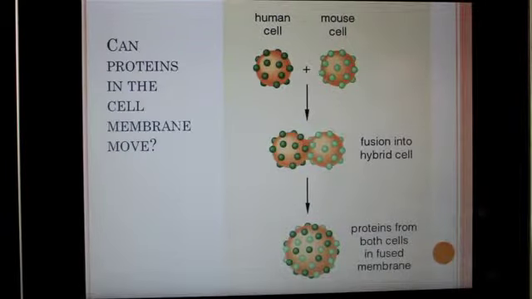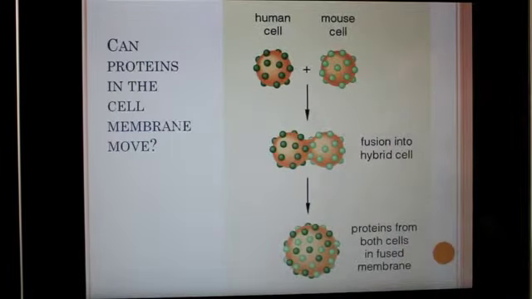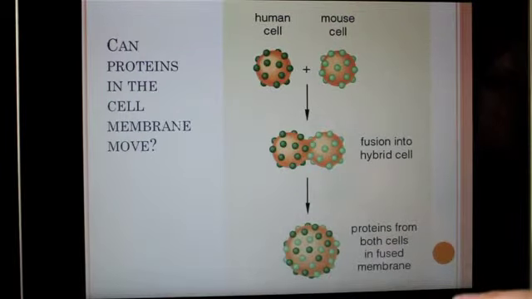If the proteins couldn't move around in the membrane, you would expect that the final result would have half of the dark green human proteins on one side and the light green mouse proteins on the other half. But they found that this wasn't the case. The proteins from both cells moved around after the membrane had fused.